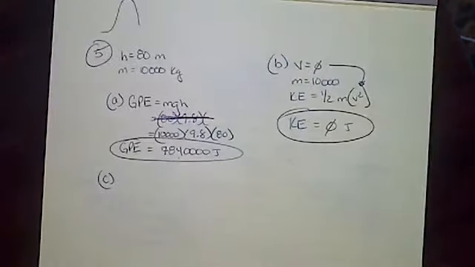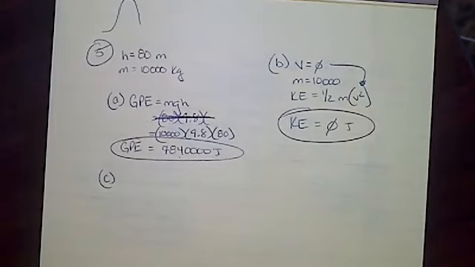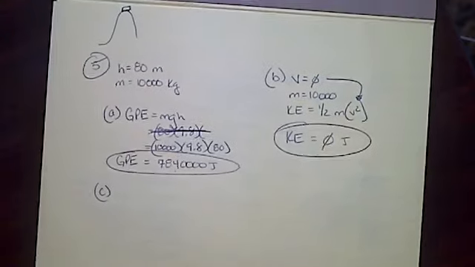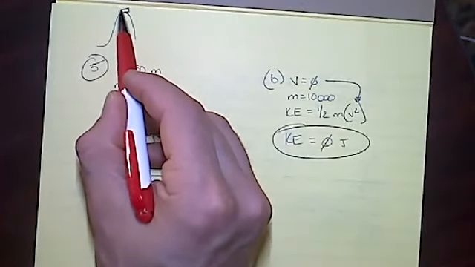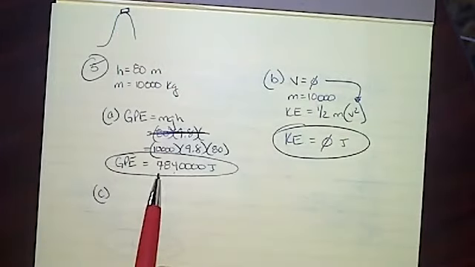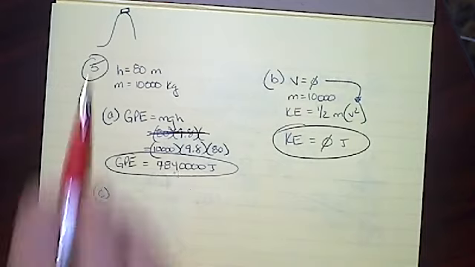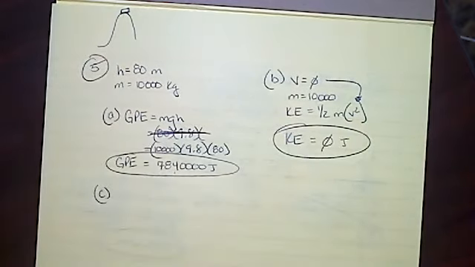For question number C, calculate the total GPE and KE at the bottom of the hill. All right, guys, we're going to calculate that total GPE and KE at the bottom of the hill. Well, remember from our drawing, this car now has a maximum GPE up there of 7,840,000, and it has a KE of 0.